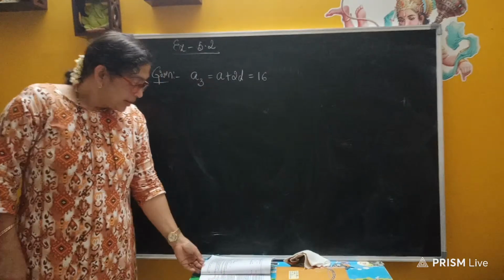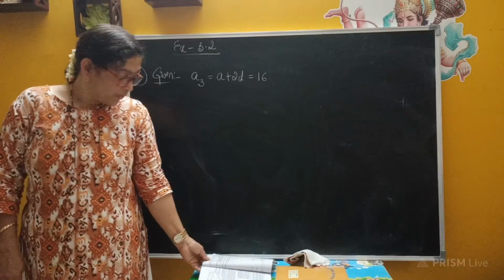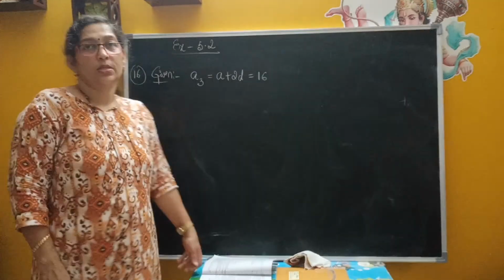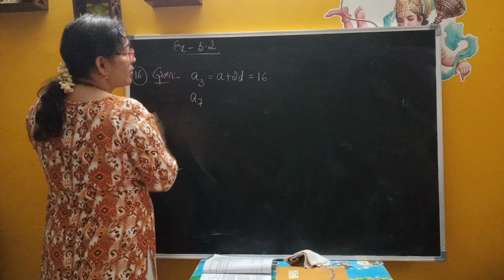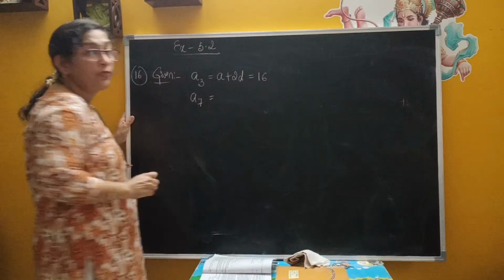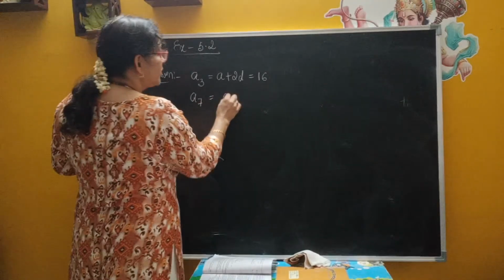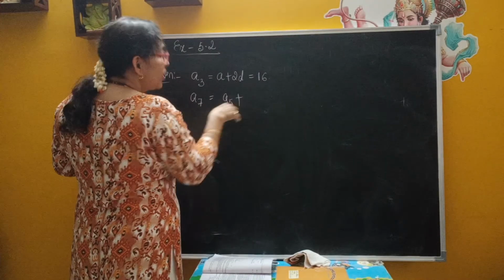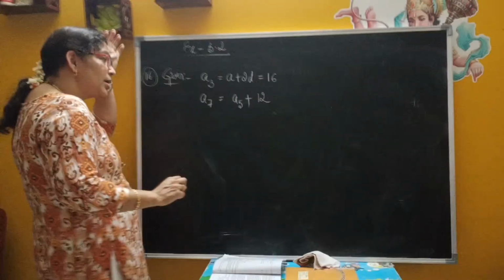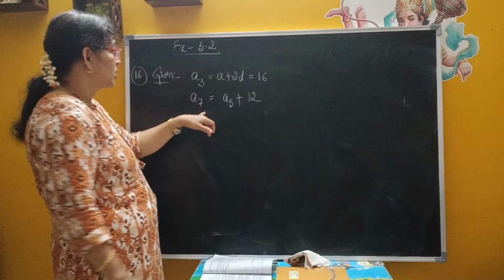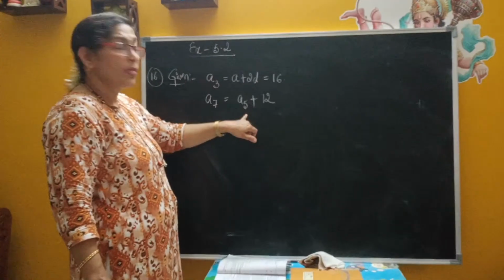Then the 7th term exceeds the 5th term by 12. The 7th term, that is A7, exceeds the 5th term, A5, by 12. So the 7th term is A5 plus 12. So A7 is equal to A5 plus 12.